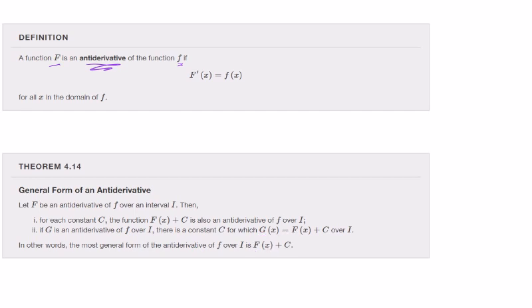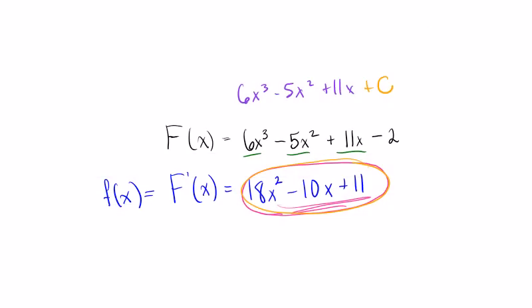Here we're basically saying that not only does F of x plus c work as an antiderivative, but you can have any other function with any other constant, and that's also an antiderivative, right? So we saw on the last page that we could put any value here and make a new function, and it would still be an antiderivative of this.